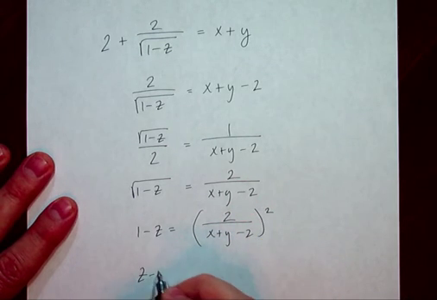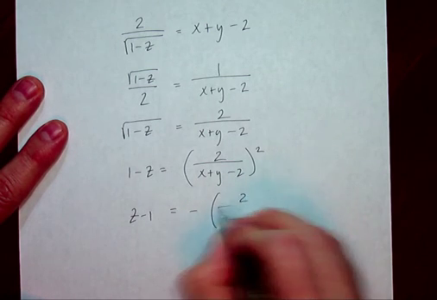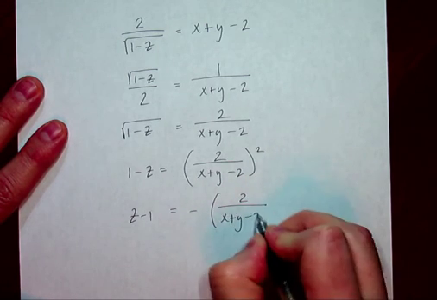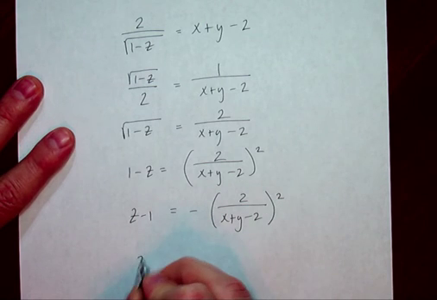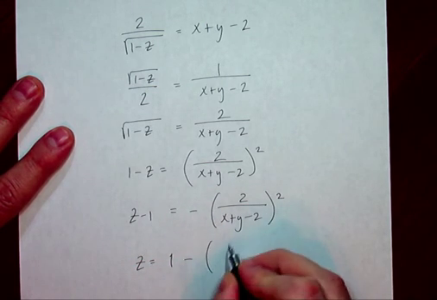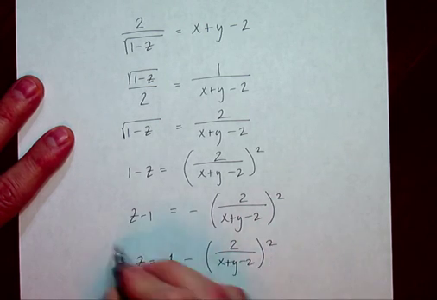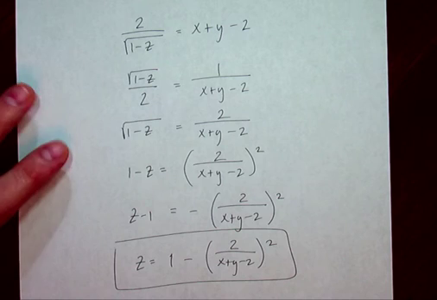I can go to z minus 1 and plop a negative out in front of that squared expression on the right-hand side, and then finally get z by itself by adding 1 to both sides. And there you go.